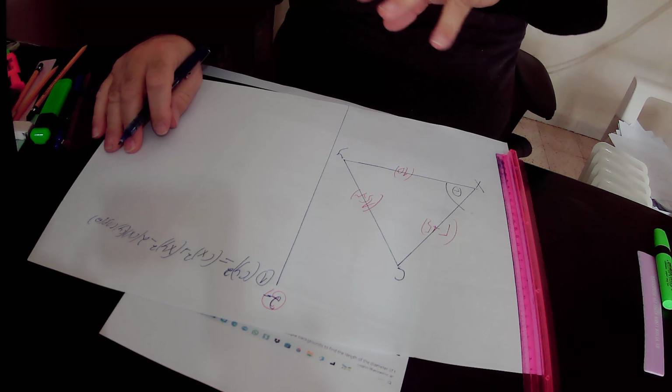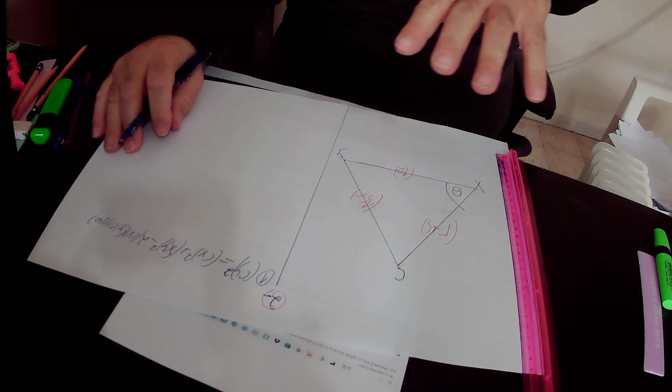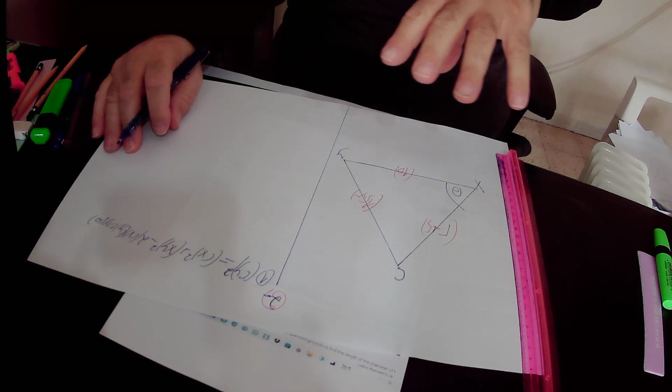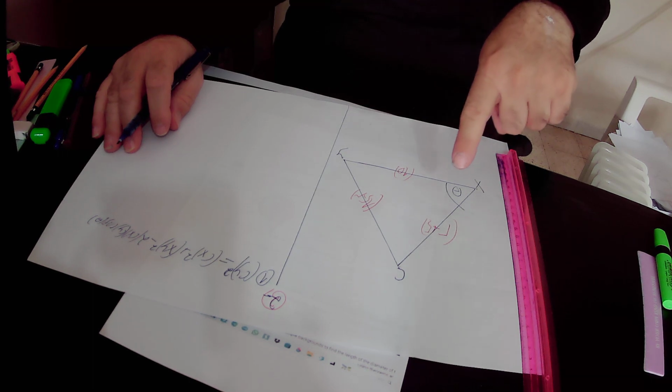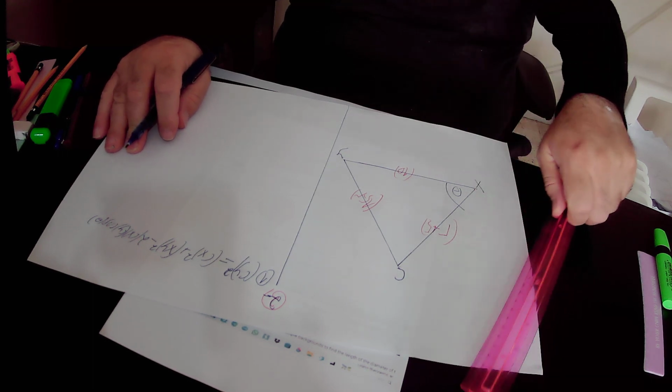Okay, this is the implementation. Equation number 1 is the implementation of the law of cosines on this triangle CXY.